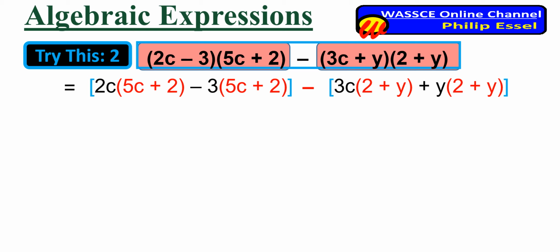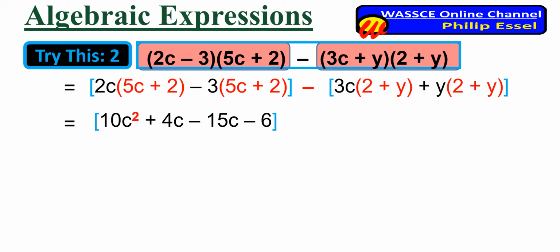When you do this, first the 3c would multiply the (2 plus y) all in brackets, then the y would also multiply all of the (2 plus y). Now let's go back to the first part of our expression. 2c times 5c would give us 10c squared.